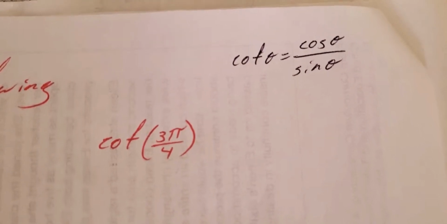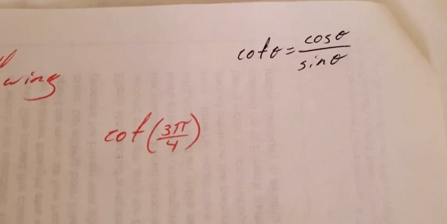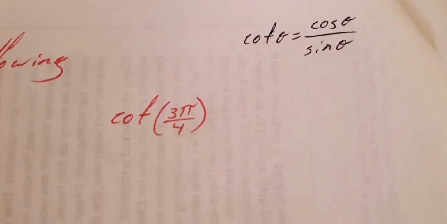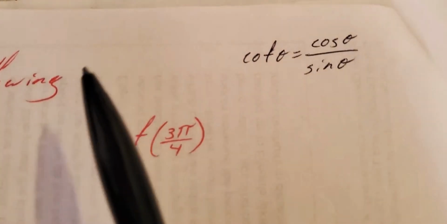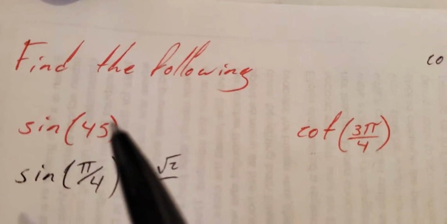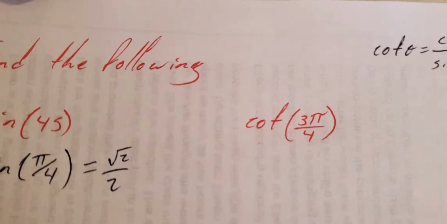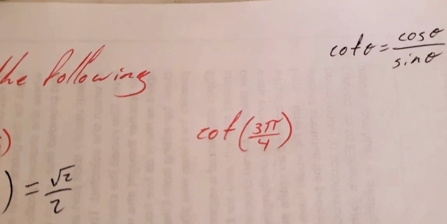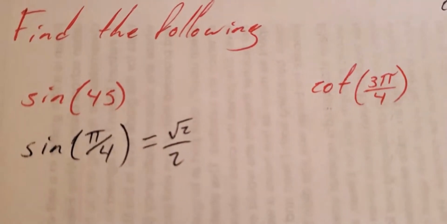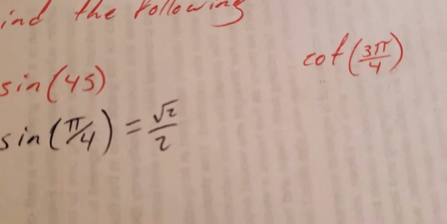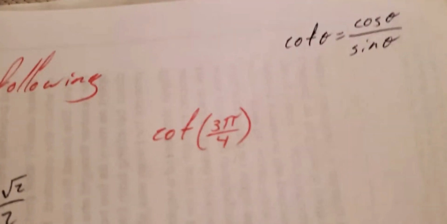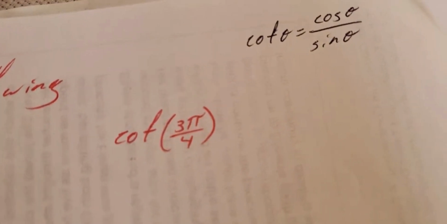Just a big hint: anything that is over 4, like 3 pi over 4, or just pi over 4, or 5 pi over 4, is going to have the values root 2 over 2, either positive or negative. So cotangent at 3 pi over 4.